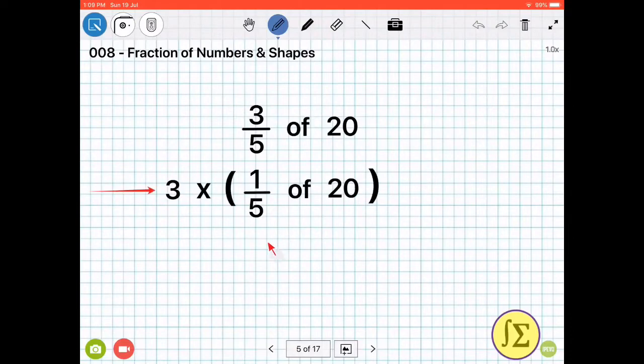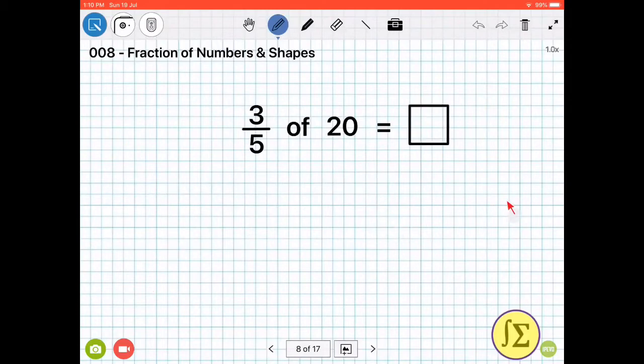So another way of writing it is you find the value for 1 over 5 of 20 first, and then you multiply that answer by 3. So 1 over 5 of 20 is 20 divided by 5. You get a value of 4, and then you multiply it by 3 to get the answer 12. Let's look further.